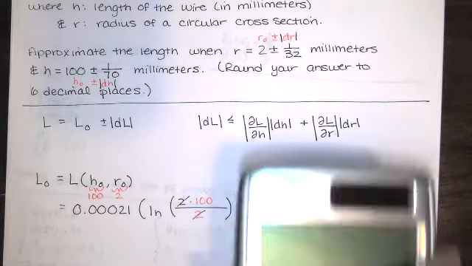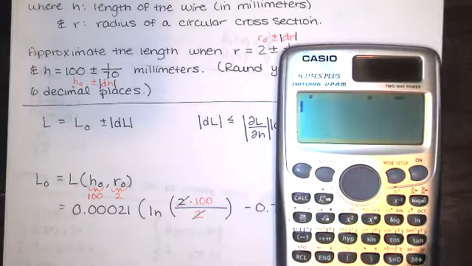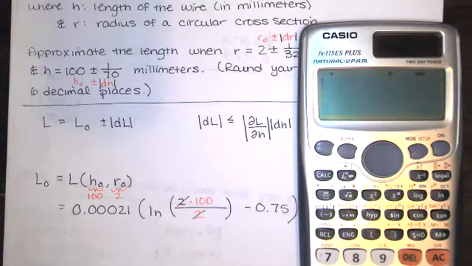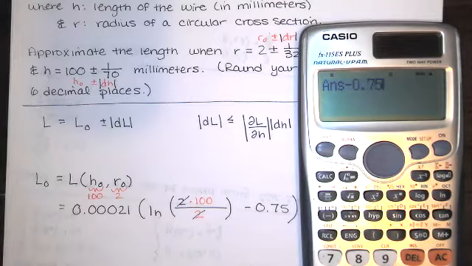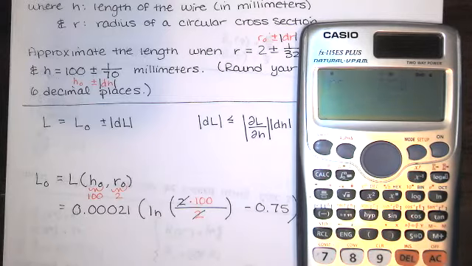And we want a decimal. We're asked to round to 6 decimal places. Sorry about that reflection there. So I'll do what's in the parentheses first, natural log of 100 minus 0.75. You want to take that and multiply by 0.00021. And we get that.